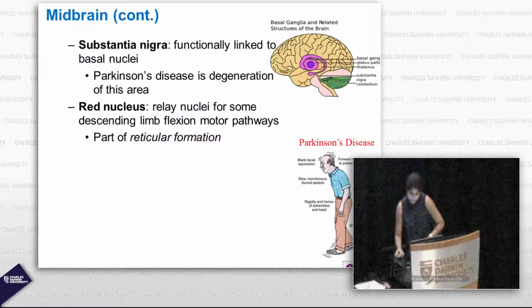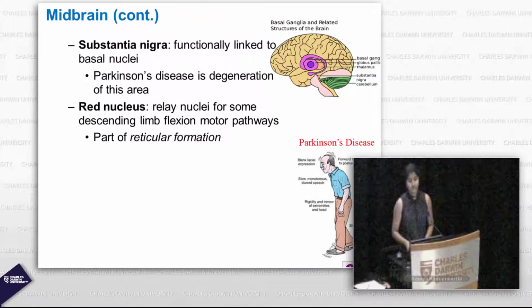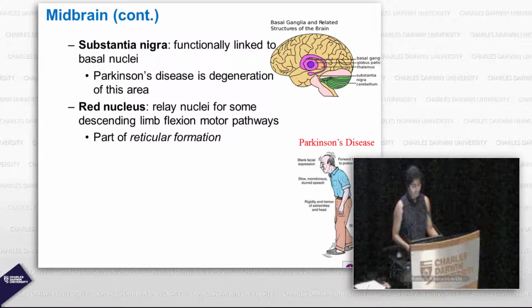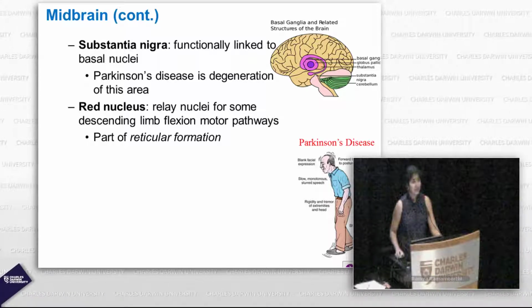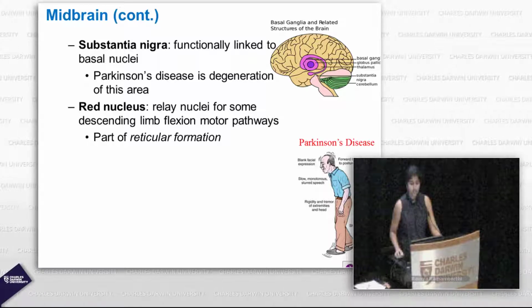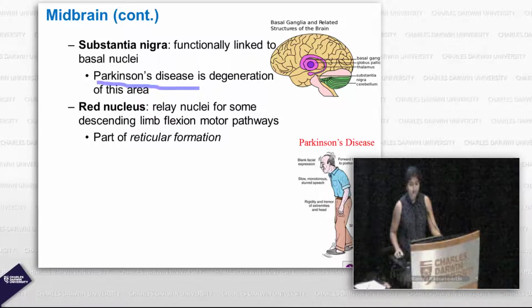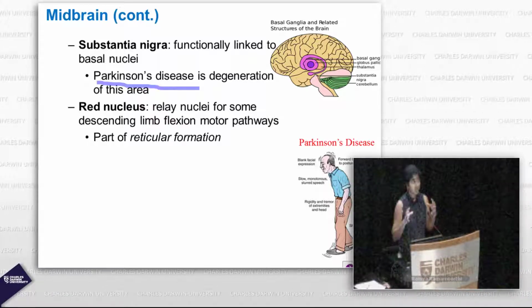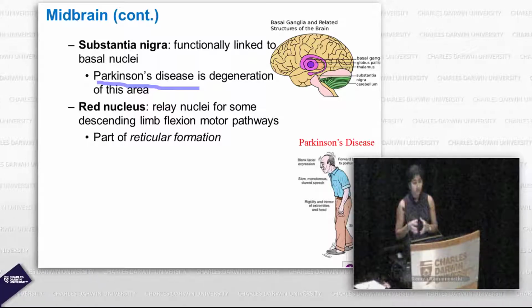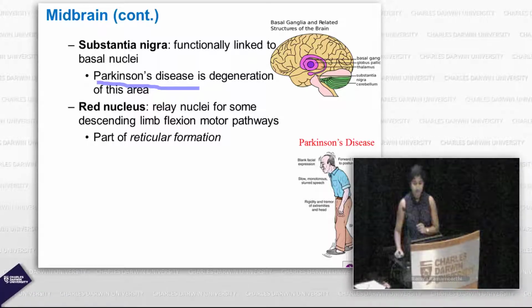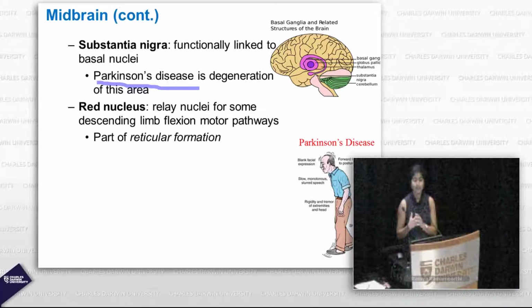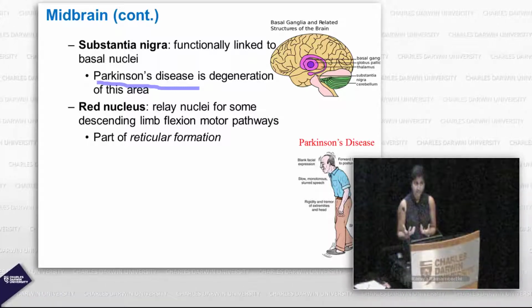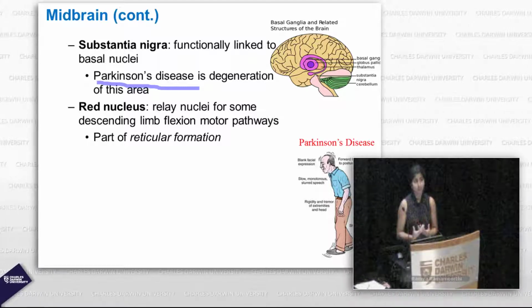We move on to the substantia nigra, which is a structure very closely linked to your basal nuclei. We know Parkinson's disease and Huntington's disease are involved with this area. They are both neurodegenerative diseases with lots of similarities, but they are very different diseases.